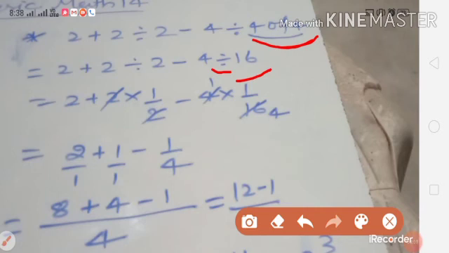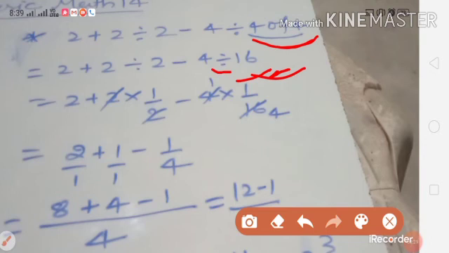So we find 4 into 4, 16. You have not to multiply yet, because you know that the function of multiply occurs after division. So we write 16. Now go ahead.